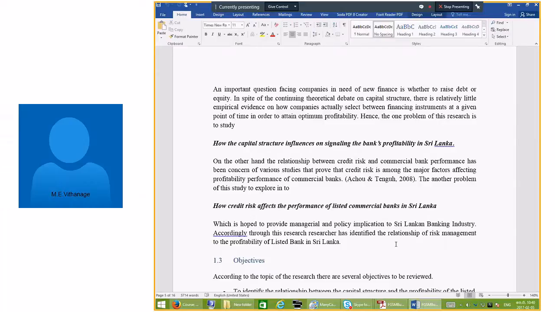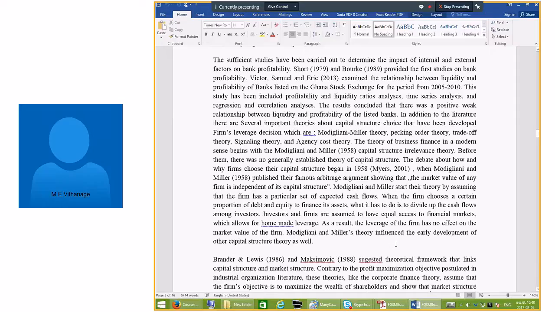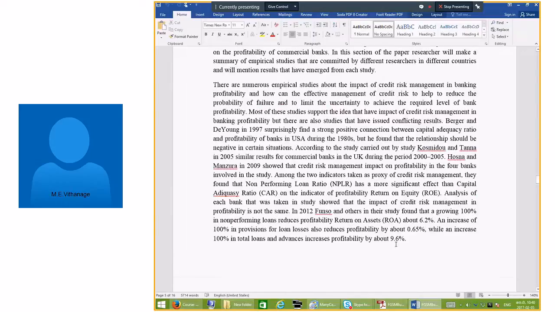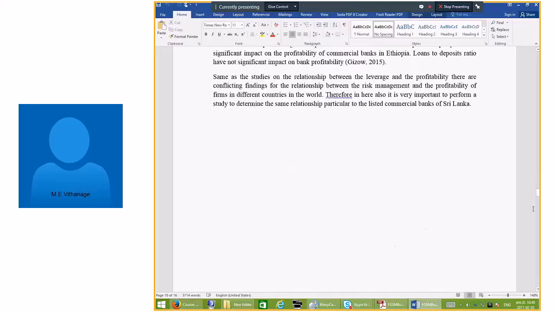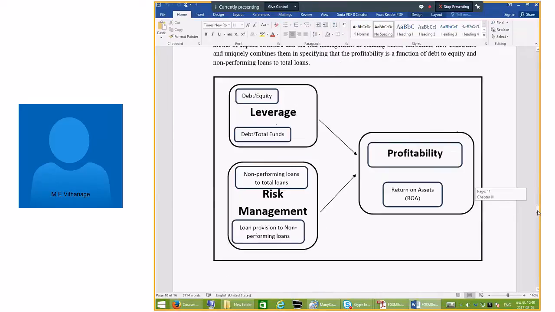Yes, sir. In the conceptual framework, as the independent variables, I have the debt to equity ratio and debt to total fund ratio. You asked me to put some other independent variable, so I put the determinants of risk management accordingly. You also asked me to reduce the dependent variables.